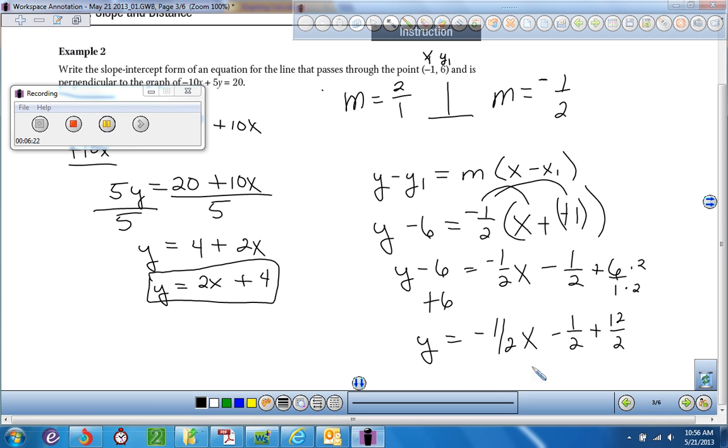I'm just going to take the difference in the top. So I get y is equal to -1/2 x. Different sign subtract, so I get plus 11/2. And that's the equation of the line that goes through (-1, 6) and is perpendicular to a line that has the slope of 2.